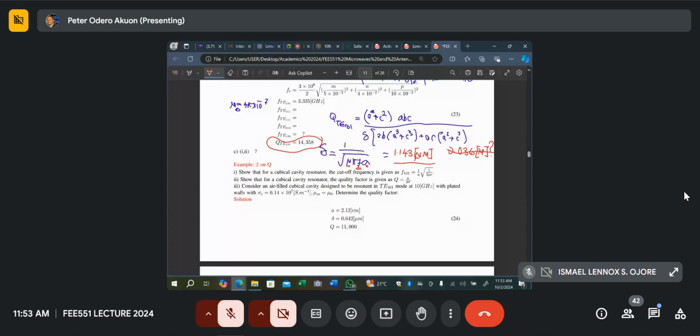Remember, when you have a hollow waveguide, how many surfaces do you have? Whoever asked that question, I didn't see your name. When you have a hollow structure, how many surfaces do you have in a cuboid or a cube? You have 4, isn't it?